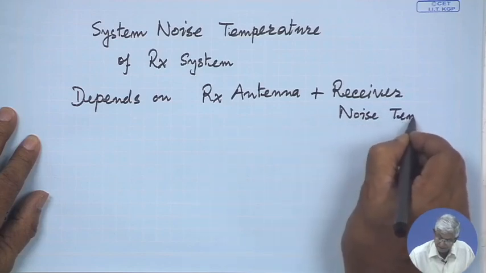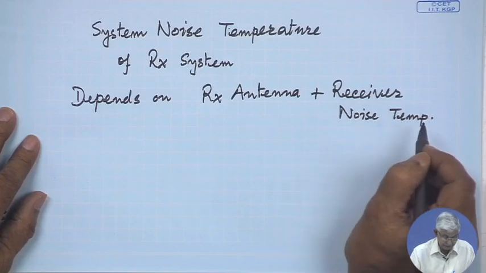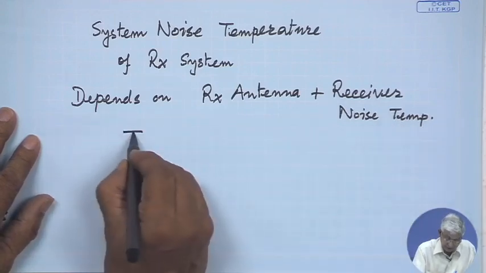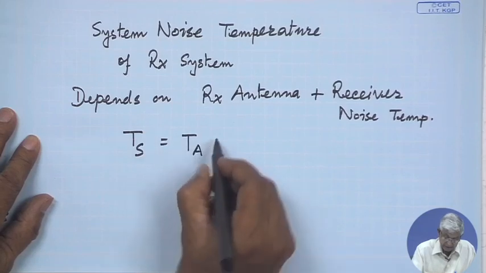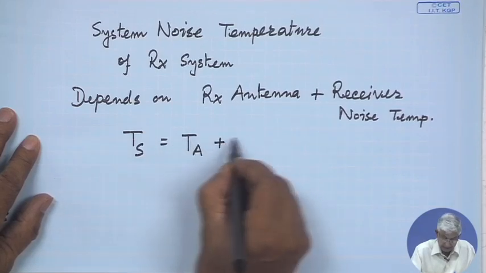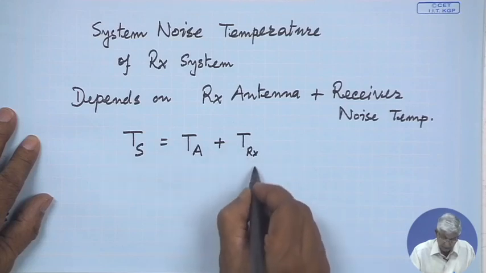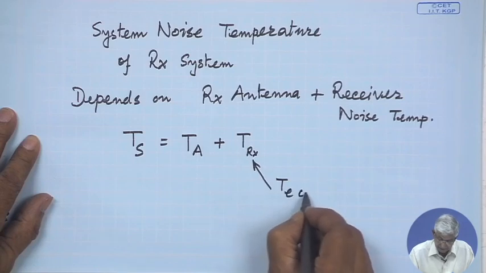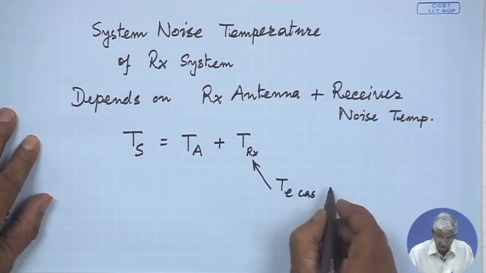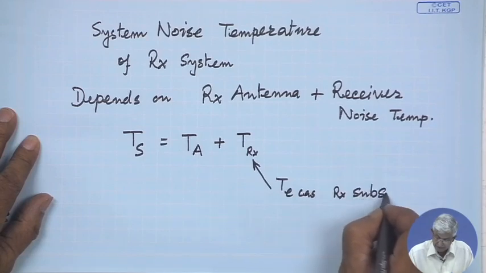We have learned this earlier, that receiver effective noise temperature. In short, I can say T system is T A, that is T antenna, and T receiver, which is nothing but T effective, the cascaded value of the receive subsystems.